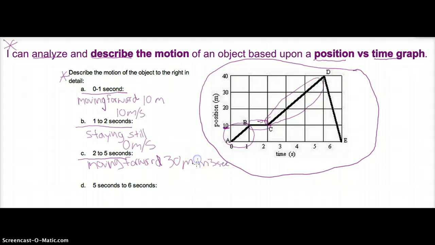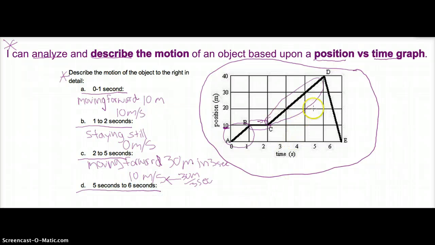Hopefully you can read that. So 30 meters in 3 seconds. And if you were to find the slope, you would find that it is 10 meters per second. You can figure that out by doing rise over run. In this case, it would be 30 meters over 3 seconds, which reduces to 10 meters per second.